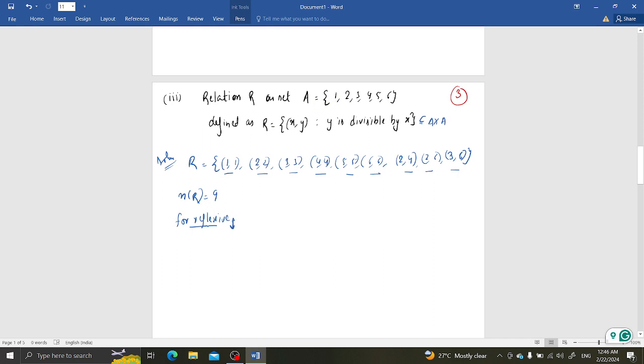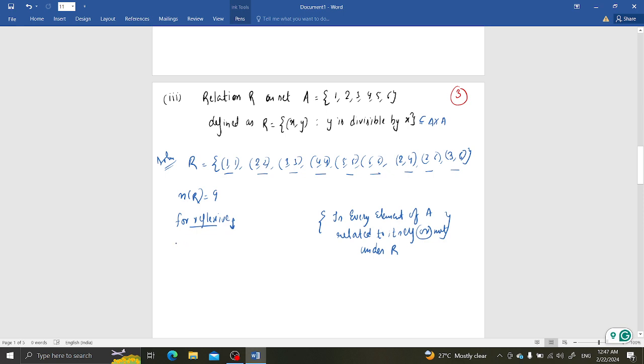So reflexive means we need to check whether every element of A is related to itself or not under R. You observe that 1 comma 1 is there, 2 comma 2, 3 comma 3, 4 comma 4, 5 comma 5, 6 comma 6. It means every element of A is related to itself. Okay.